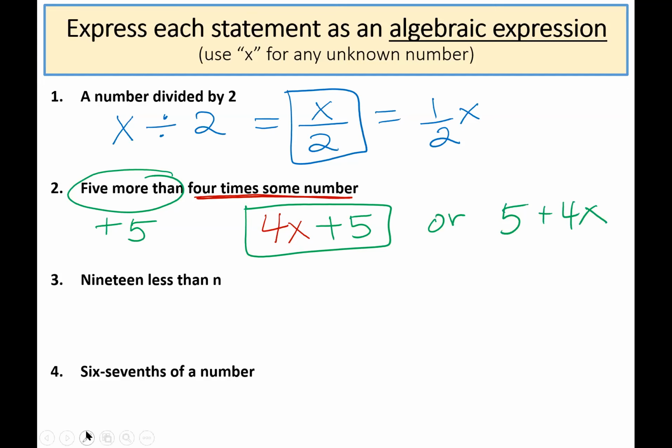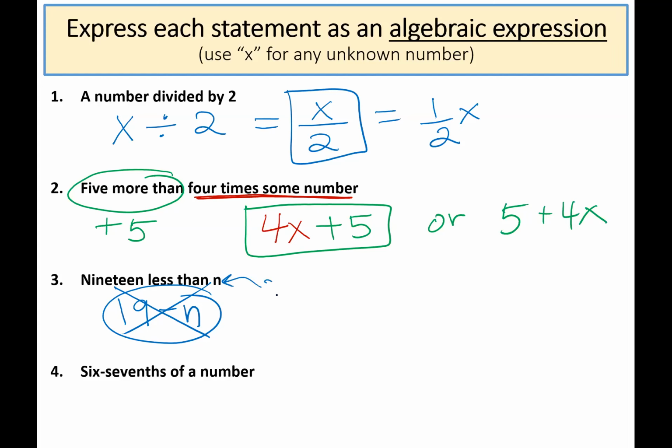All right, problem number 3, 19 less than n. Okay, the most common error here is for students to write 19 minus n, and that is not the correct answer. So let's find out why. If you just replace n with a number for a moment, let's say n is 20.